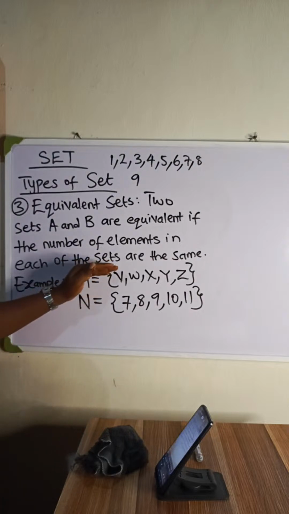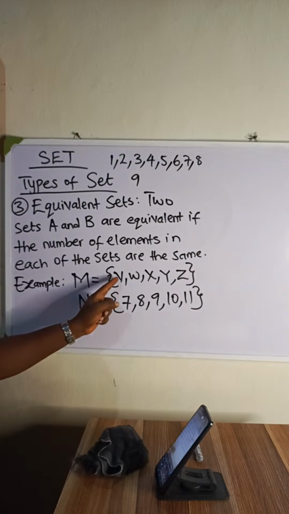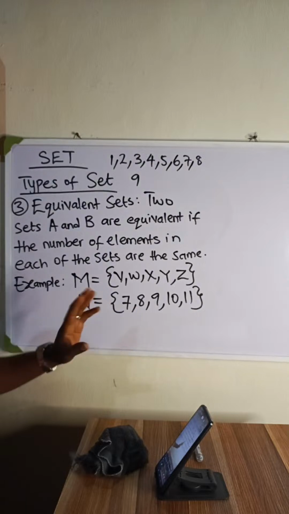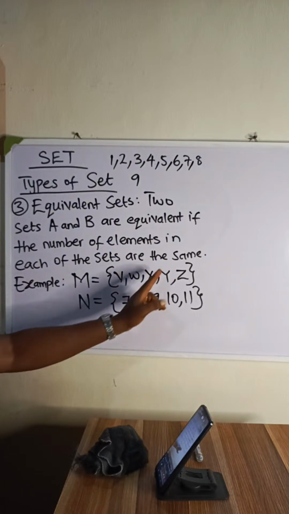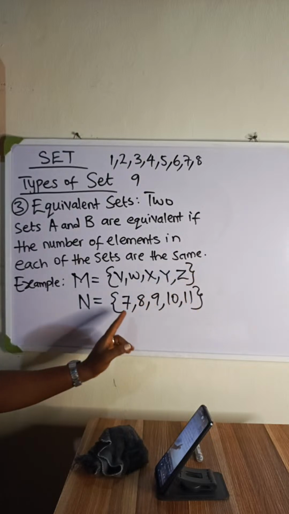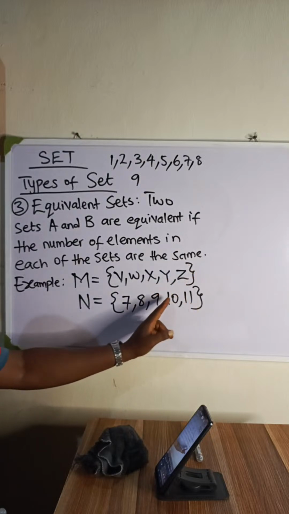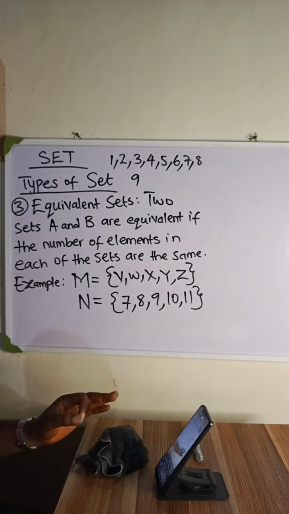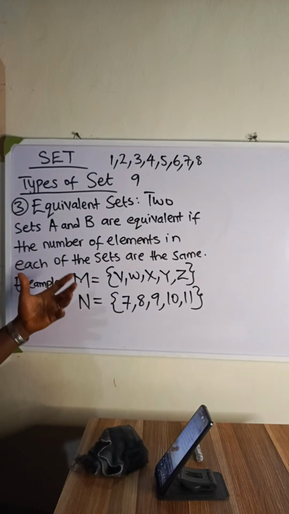So if you look over here, the elements in this set are totally different from the elements in this set. However, the number of elements in this first set is the same as the number of elements in the next set. So since they have the same number of elements, they are equivalent sets.